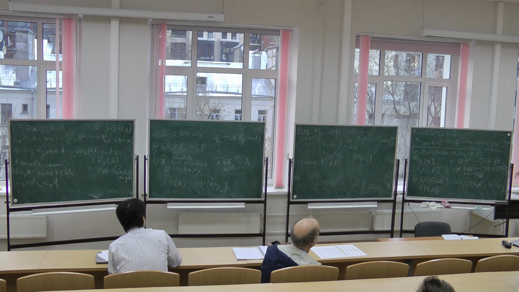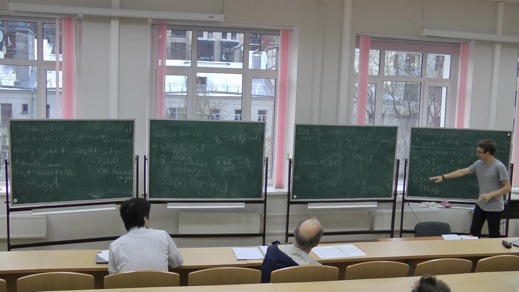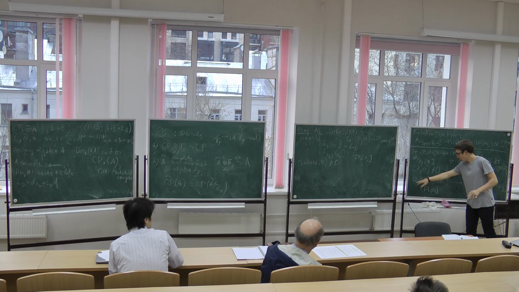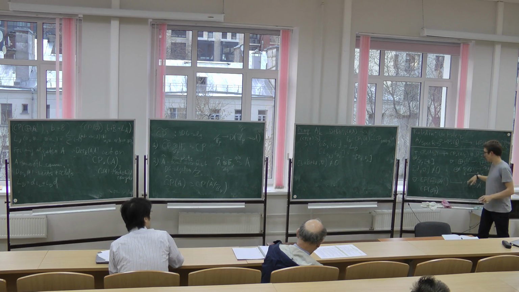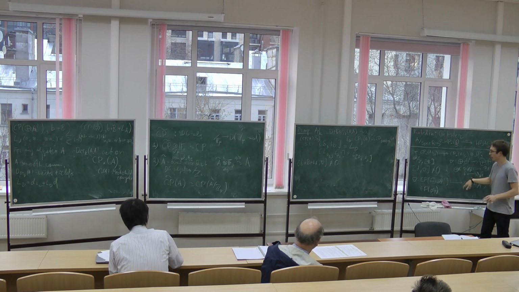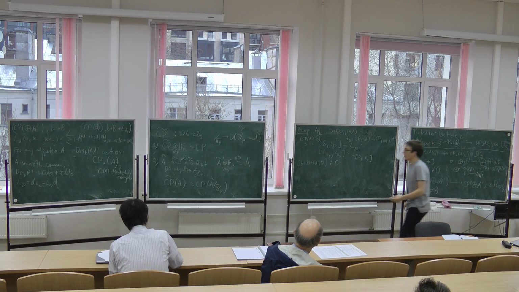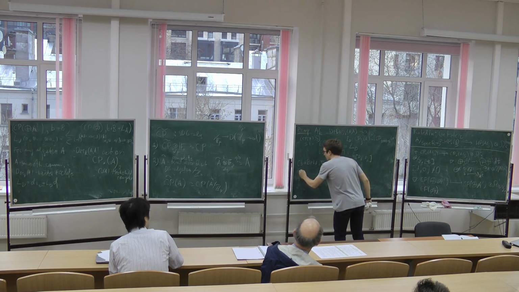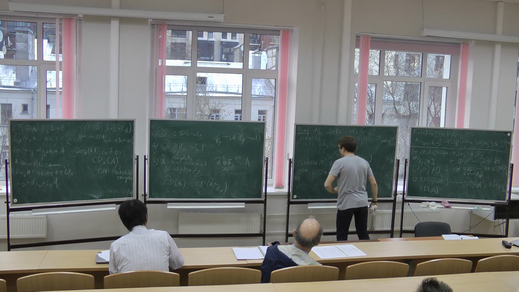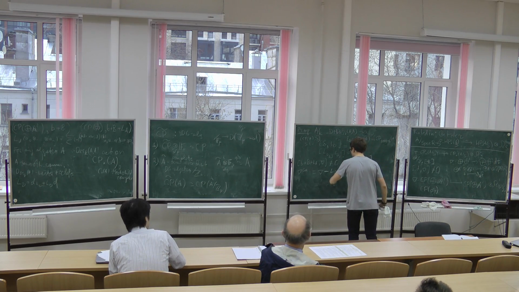Connections on any module form a torsor over differential forms with coefficients in the endomorphisms of this module. So once I have one connection, I can just add any differential form with coefficients in endomorphisms, just any linear map from here to here, and we'll get other connections. So let's put nabla plus, maybe I think minus, the contraction with this B.